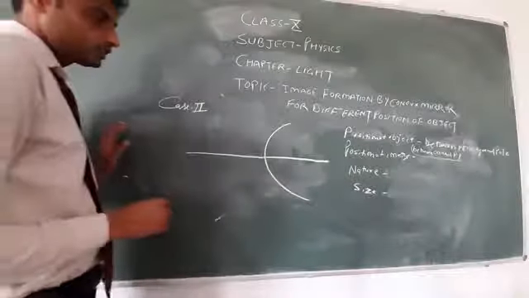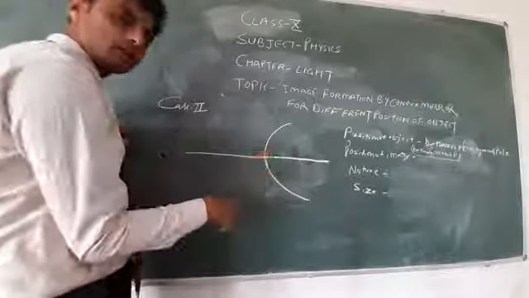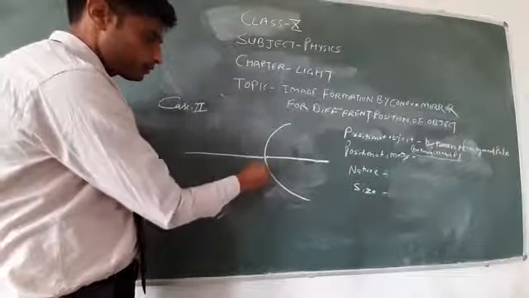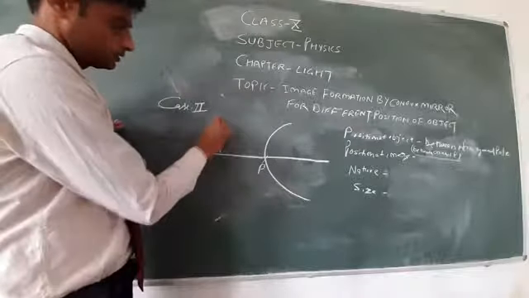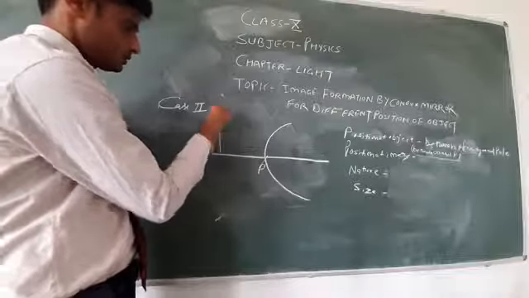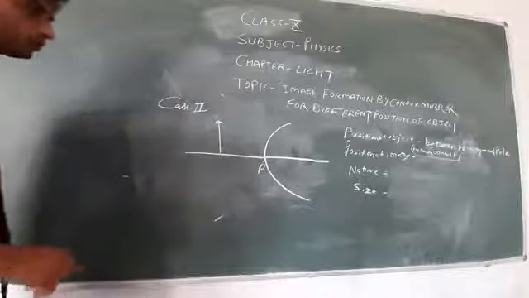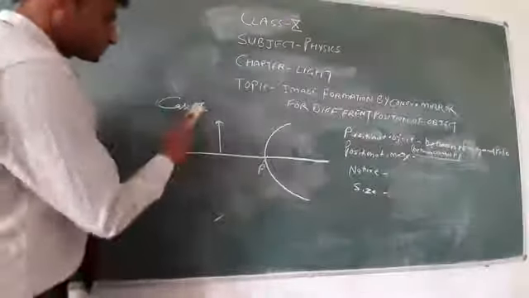In this case, the object is placed between pole and infinity. So this is the convex mirror, and this is the position of the object.